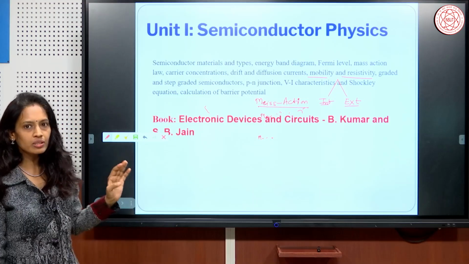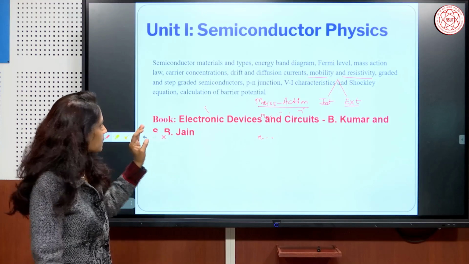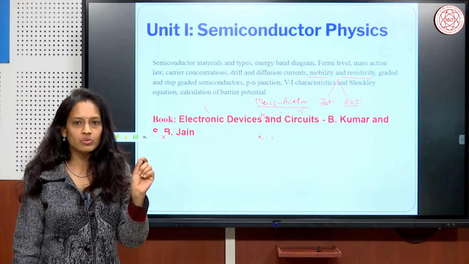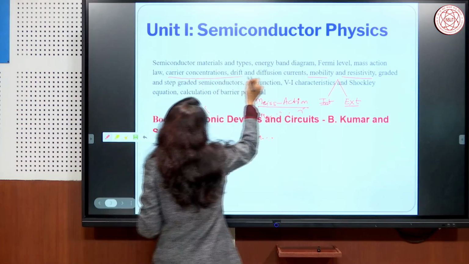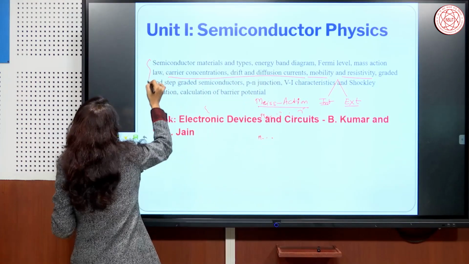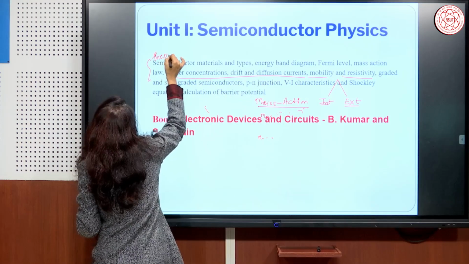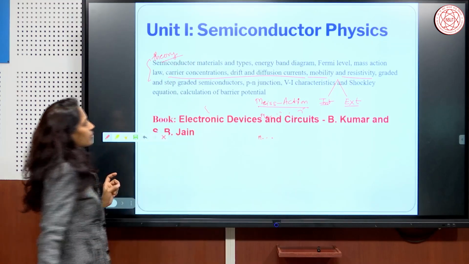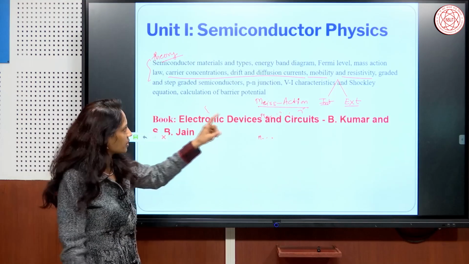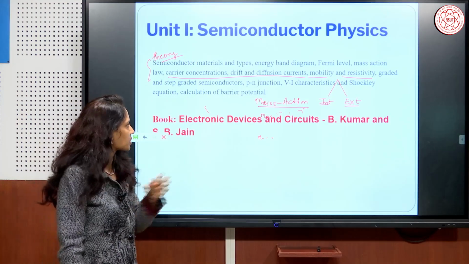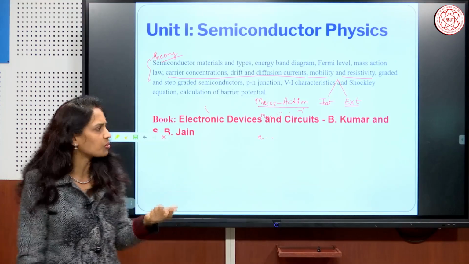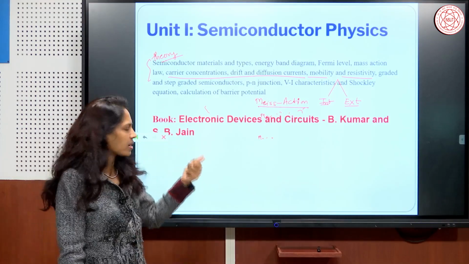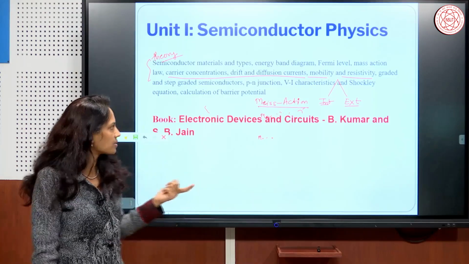Drift and diffusion currents, this also you can cover to a certain extent for numericals, but basically till this point it is more related to the theory part. Then later on your PN junction, step gradient, mobility and resistivity: small numericals are there related to calculation of resistivity, mobility, or using the mass action law.